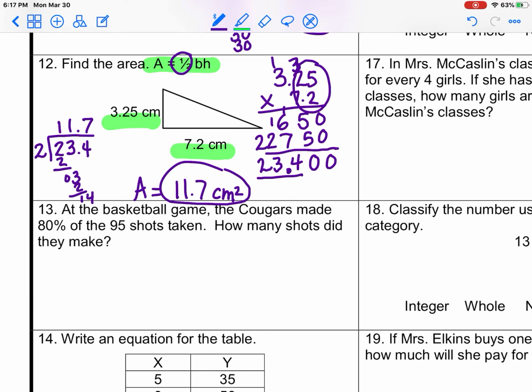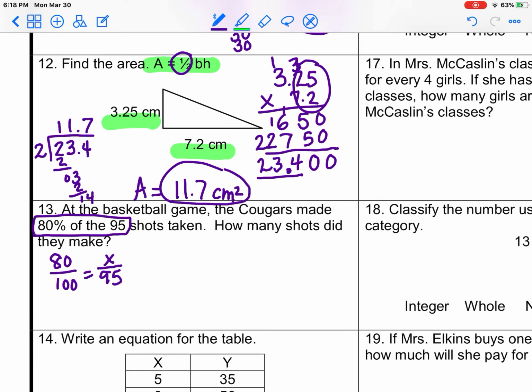Number 13. At the basketball game, the Cougars made 80% of the 95 shots taken. How many shots did they make? Well, they made 80% of 95, which means we need to find 80% of 95.